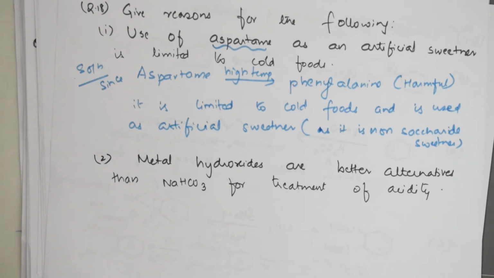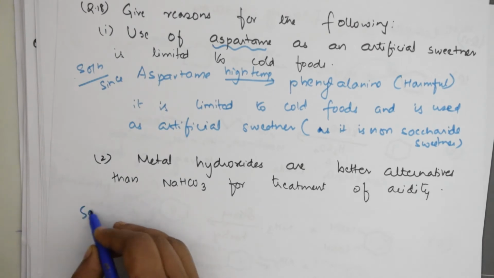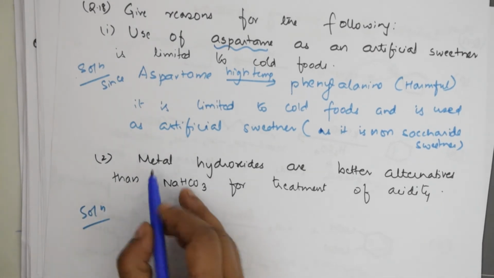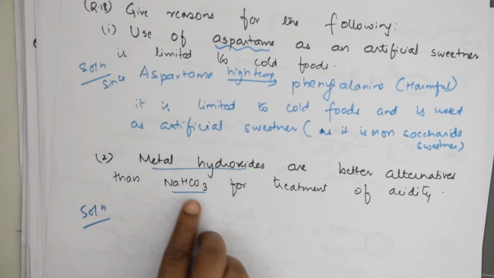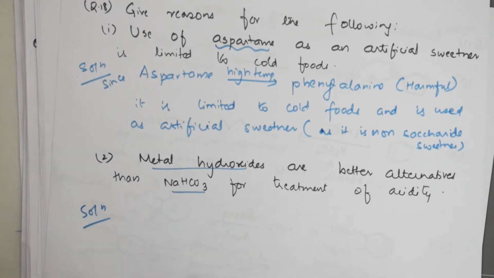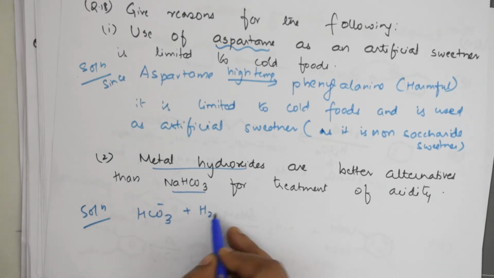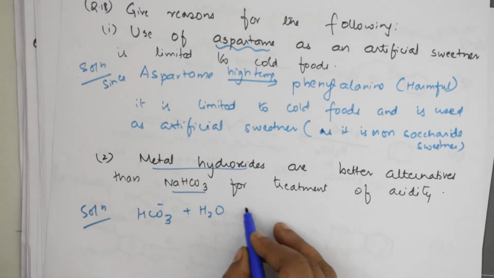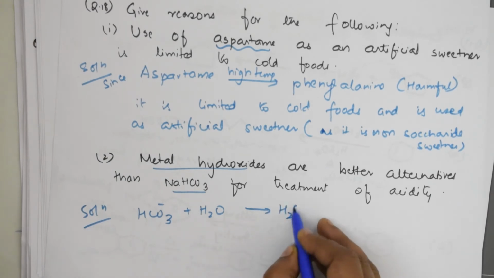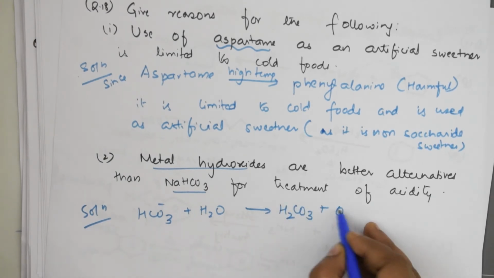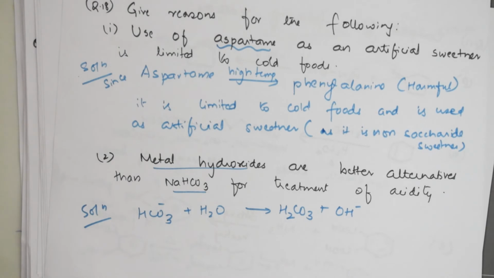Let's take what actually this is. Suppose they said we are using this, we are not using this. Let us start the reason from here. Bicarbonate, what will happen? Just see this. Bicarbonate is HCO3 minus. When it dissolves in water, what is it going to do? It gets converted to carbonic acid and it is going to release OH minus ions.